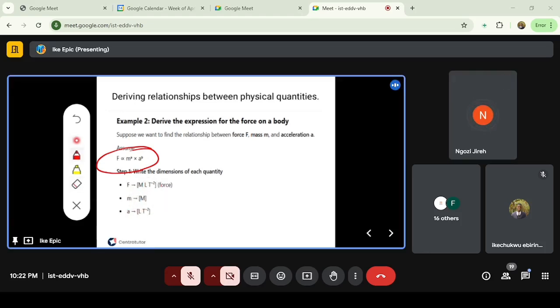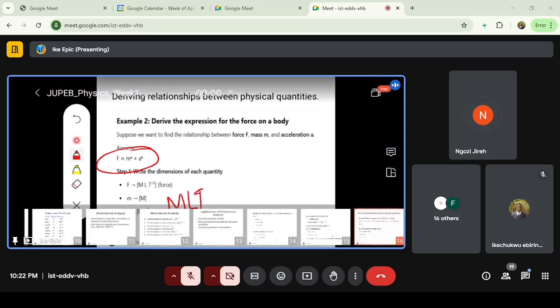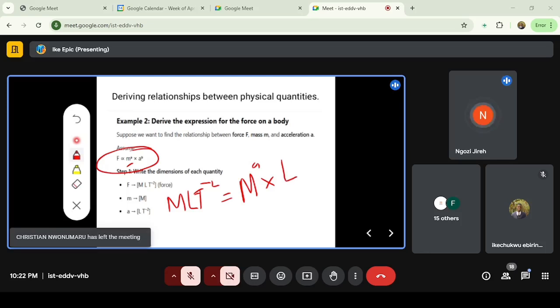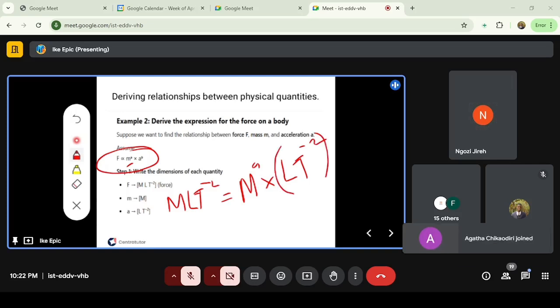Our F, instead of writing F, we'll be writing it as MLT raised to the power minus 2, equals m raised to the power a, times LT raised to the power minus 2, then you put it all in brackets and put this our b here.